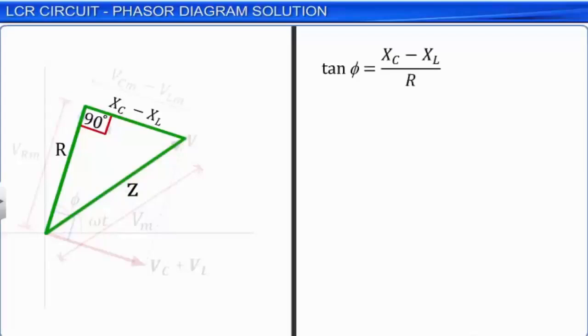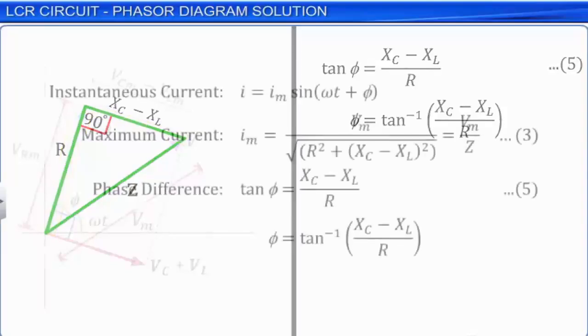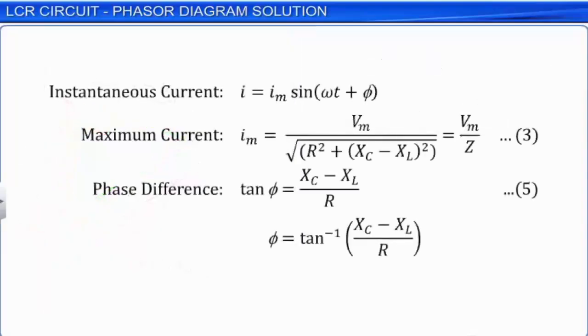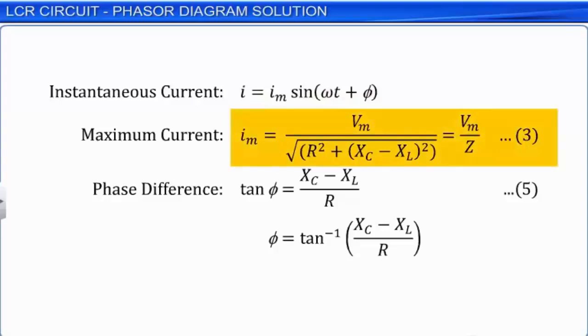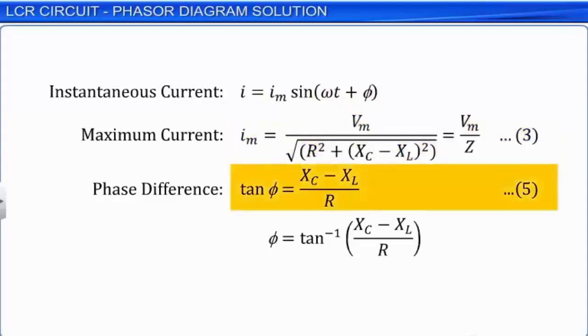Phase difference phi is equal to tan inverse of Xc minus XL by R. Thus, the current flowing through the LCR series AC circuit can be given as I equal to Im sin omega t plus phi, where Im is given by equation 3 and the phase difference phi can be calculated from equation 5. Hence, we have obtained information of all the entities we desired using the phasor approach to the LCR circuit.